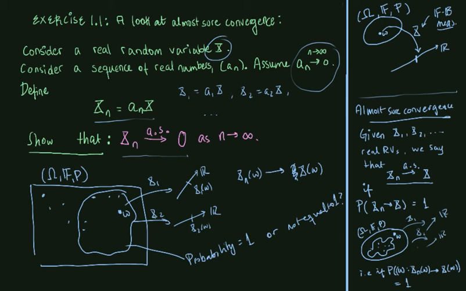However, when we do this, we are implicitly assuming that the set of omegas on which Xn of omega tends towards some limit X of omega is measurable.